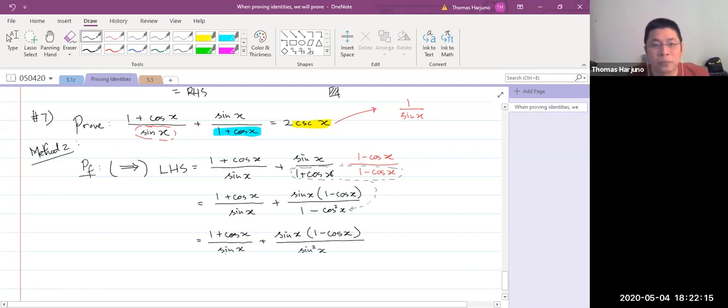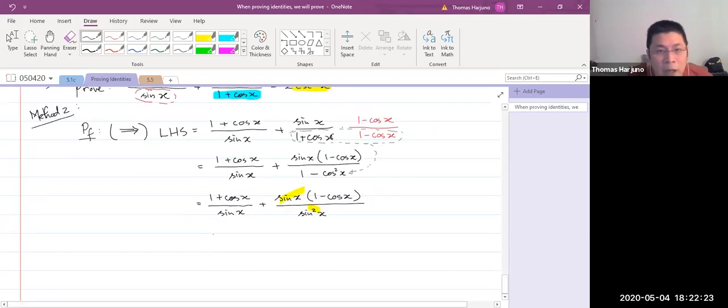Then you see one of the sine cancels, right? Then I get 1 plus cosine x over sine x plus 1 minus cosine x over sine x. Now they already have the LCD.